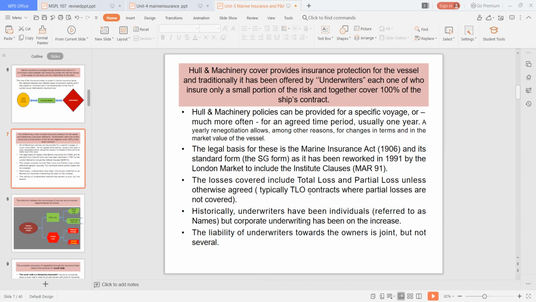Typically, in TLO contracts, partial losses are not covered. Historically, underwriters have been individuals referred to as names, but corporate underwriting has increased. The liability of the underwriters towards the owners is several but not joint. So, this is the importance of this.